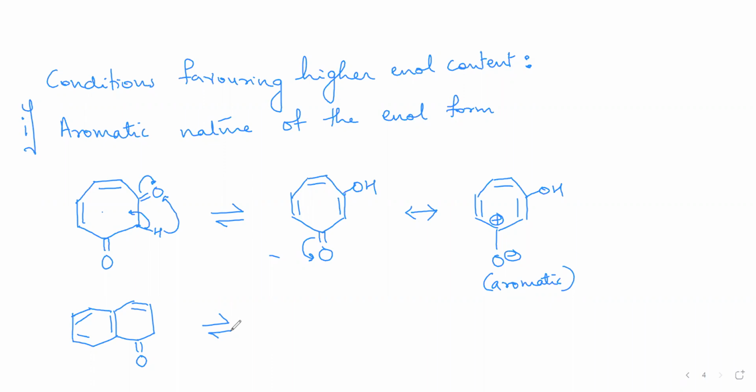इसका इनॉल क्या होगा? Can I say I get the formation of naphthalene ring here? तो ये भी aromatic हो गया. So here also the enol content will dominate over the keto form.